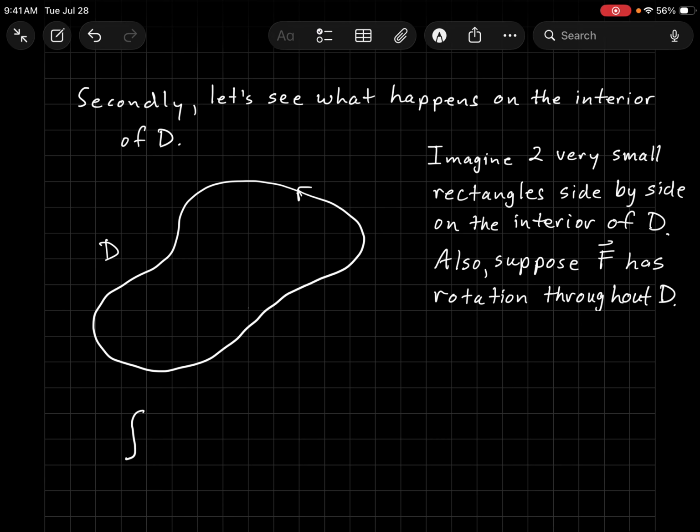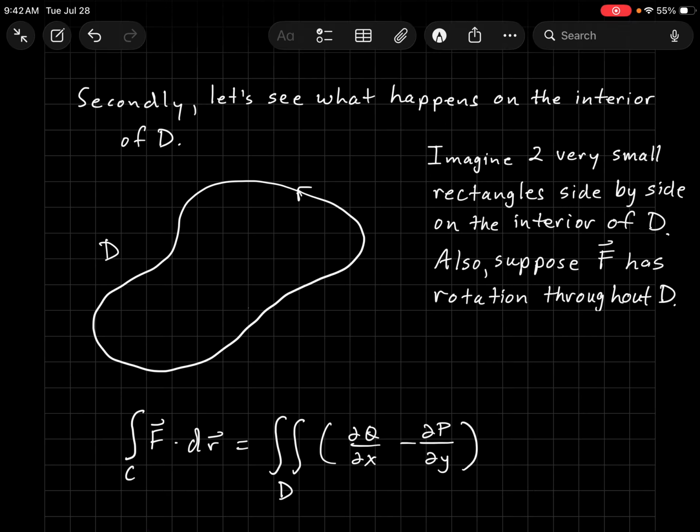So I'm going to go back and rewrite Green's theorem, and I'll put this version down. We have this integral, the single integral over the curve is the double integral over the region of the partial of Q with respect to x minus the partial of P with respect to y, and then dA, which I'll put down as dx dy here.